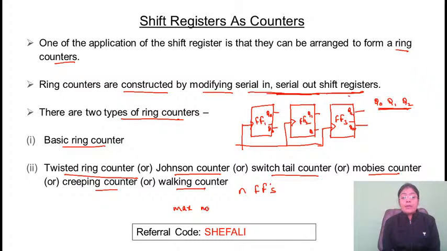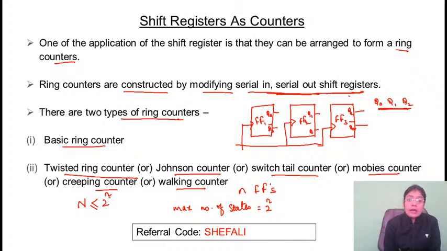Maximum number of states can be 2 raised to power n. If you are using 3 flip-flops, you can represent up to 8 states. This means that if N represents the number of states, it should be less than or equal to 2 raised to power n.